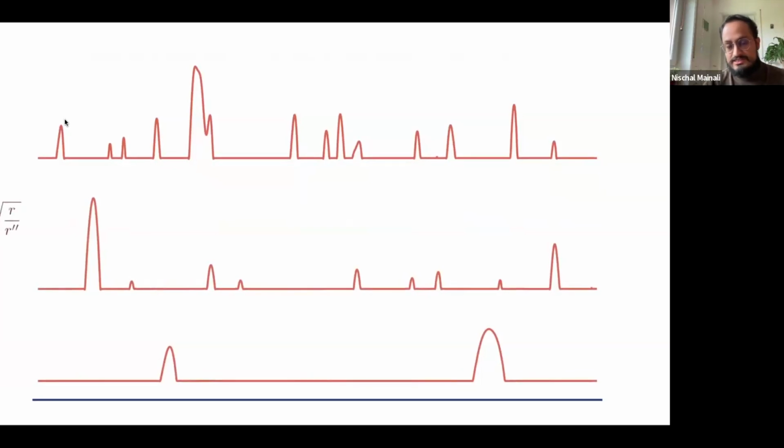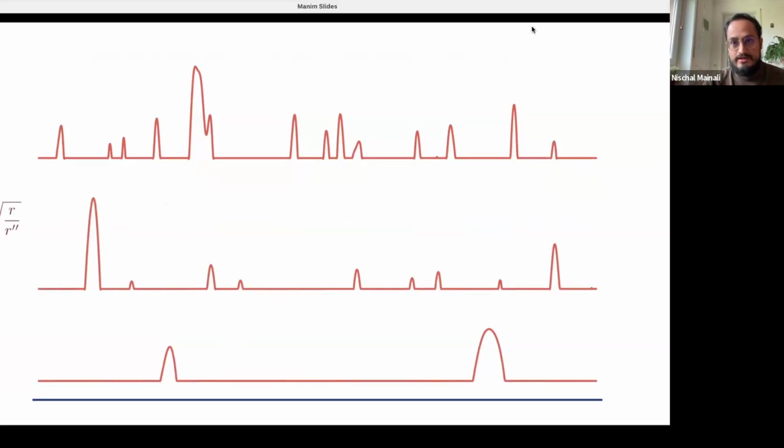And depending on the correlation length and the thresholding, here are three different examples of how the firing fields of a neuron can look. At the top, we have a case where there are multiple fields and they're more heterogeneous. And at the bottom, we have a case where there are more classical-looking parabolic fields and only a few of them.